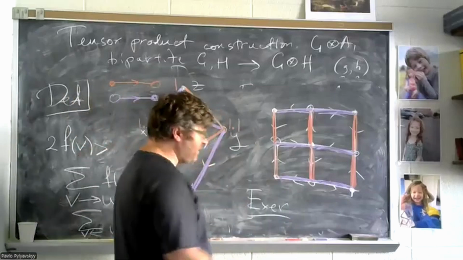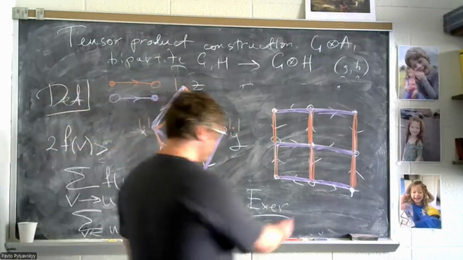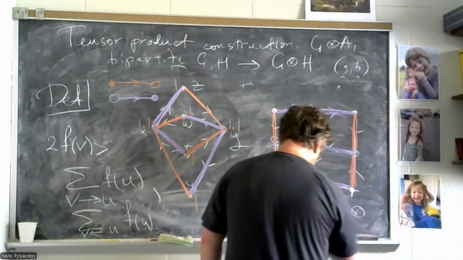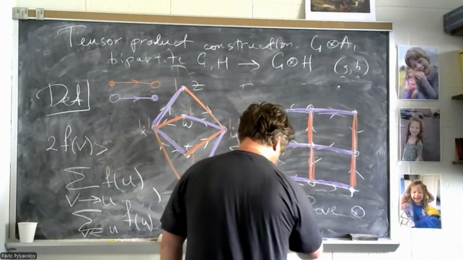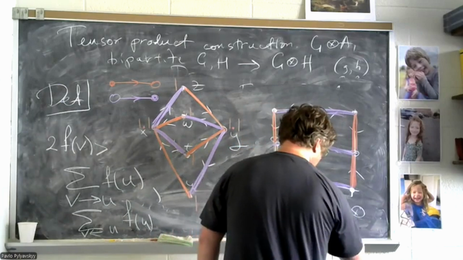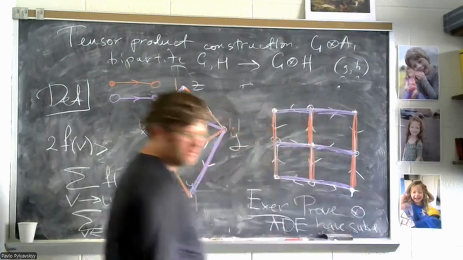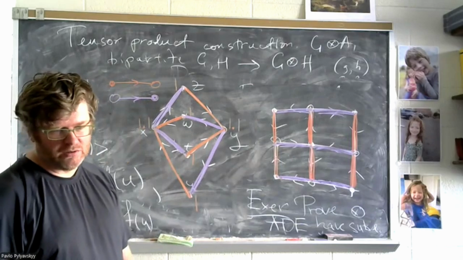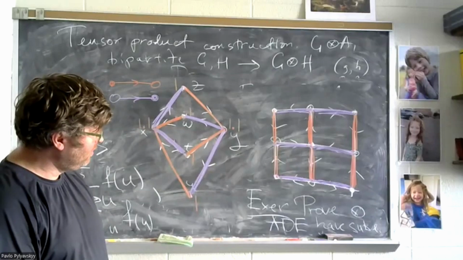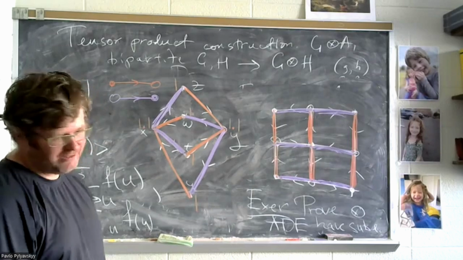So it must be the case that tensor products of Dynkin diagrams have subadditive labelings. But we can use our result from the first homework, you can use your previous results. As I said, if you find the trick, it's not very hard.